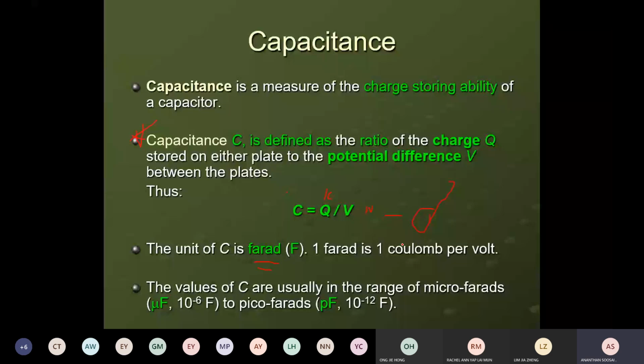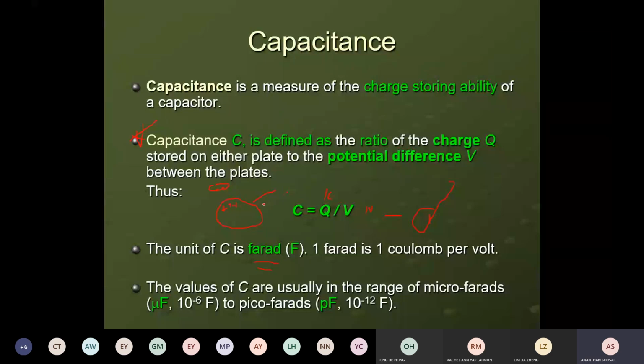You know, the Earth is a natural capacitor. Earth has its own capacitance because Earth also stores charge. When a cloud gets closer, the Earth becomes positively charged. It is a huge charge storage, so it has a capacitance.